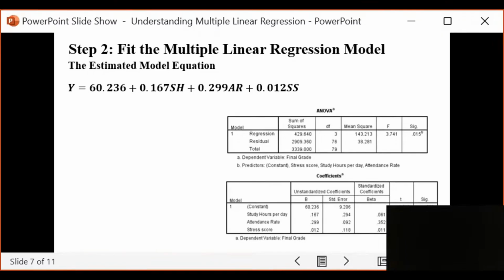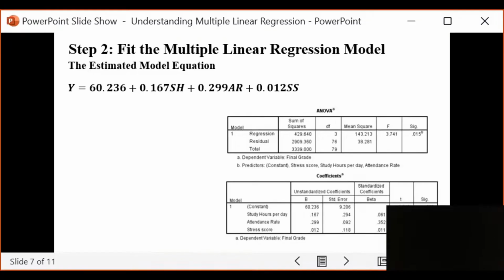Okay. So where do these come from? If you look here at the second table, the coefficients, the 60.236 is the coefficient under the first column, under the B column. Okay? So that first value is the constant. And the second value, which is approximately 0.17, is the value for study hours per day. And we have attendance rate, which is 0.299.